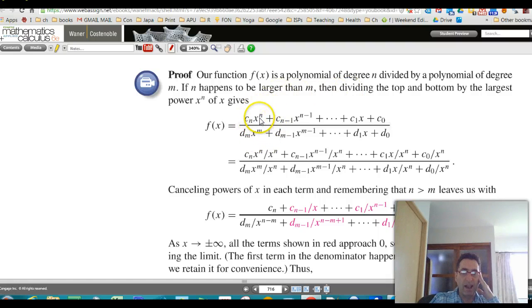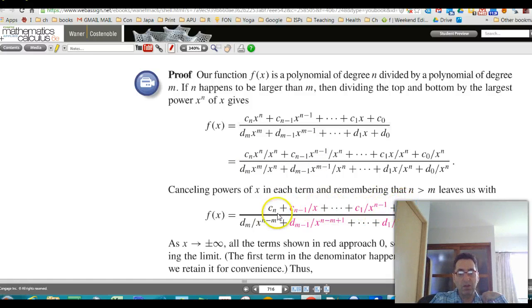So if x to the n is greater than x to the m, they divide everything by x to the n. And what you end up with is what? This term just becomes c_n, and all the other terms will have an x in the denominator.